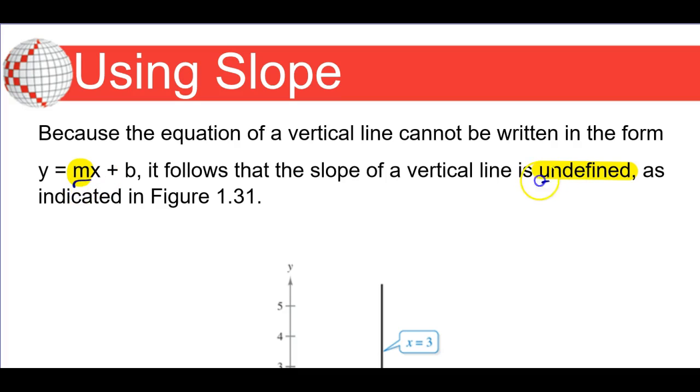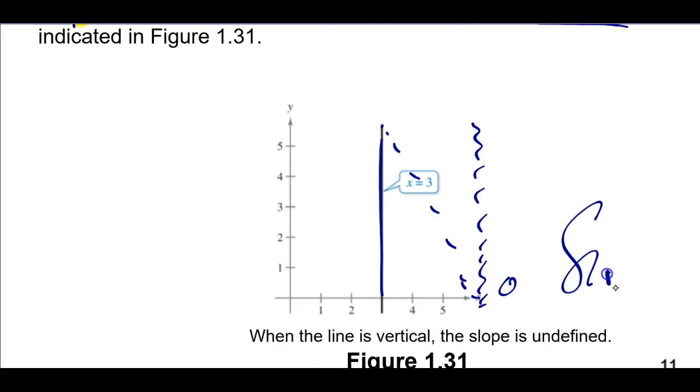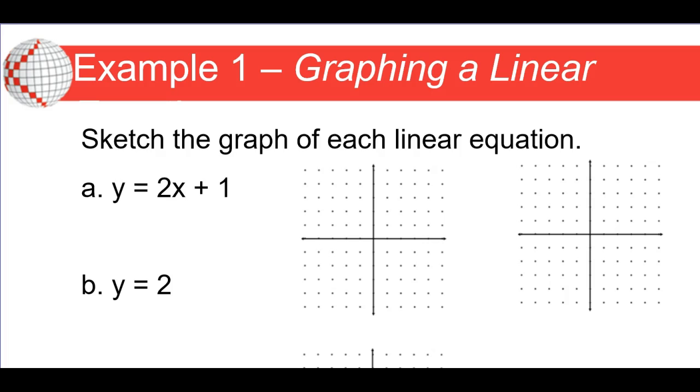If the slope is undefined, then we know that we have a vertical line. One way to remember that is you could write the word no. There's no slope. So if you write the n, I don't know if you can see that or not, but that vertical line is part of the n.